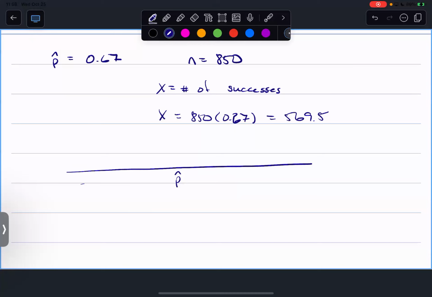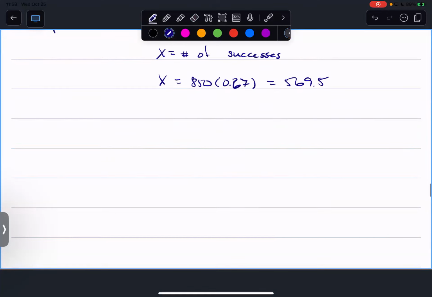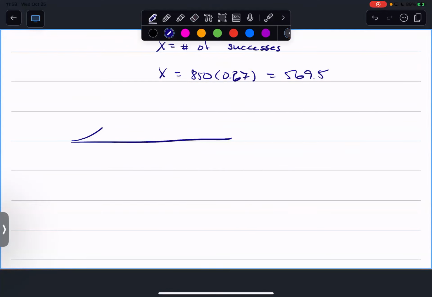Maybe I should draw these in the opposite order so it looks better. Now I've got my p hat in the center, and it's a good estimate of what the population proportion is.